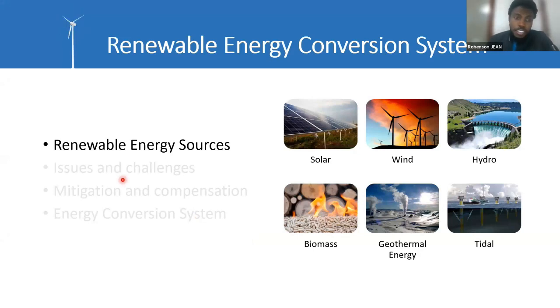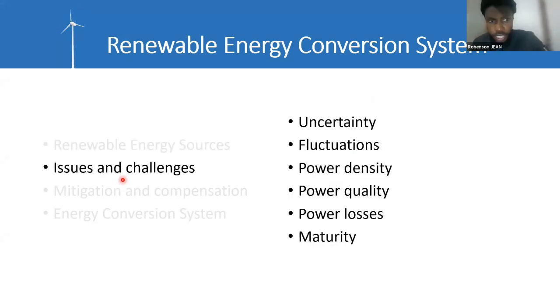For instance, we know that there is a fact of variability or intermittency that is linked to the renewable energy sources.